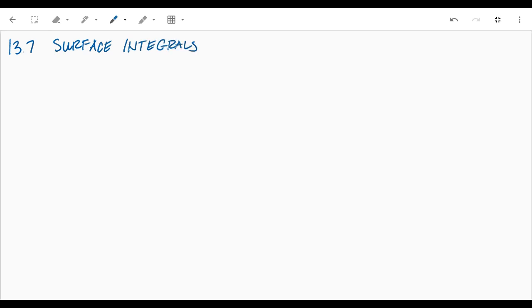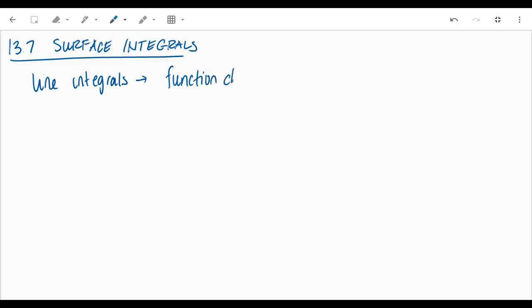So adding another dimension to our integrals there, rather than just along a one-dimensional curve. I guess not one-dimensional necessarily, but rather than just along a curve, we're going to go along a surface. Okay, so your line integrals: we did an integral, which is an accumulation, of a function that changes along a curve.